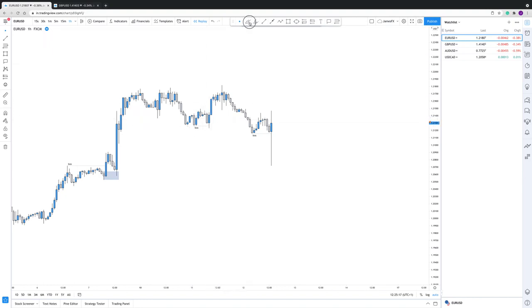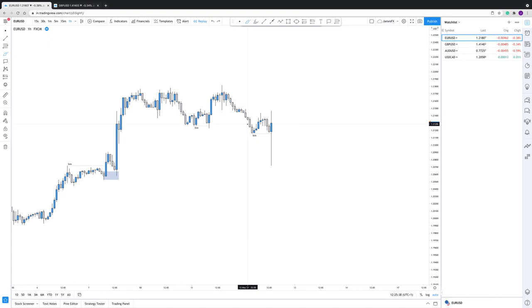So for me, this is just grabbing some sell side liquidity from these equal lows before reversing price up to these highs here. As you can see, we also get a wick above this high, which is taking some more buy side liquidity.